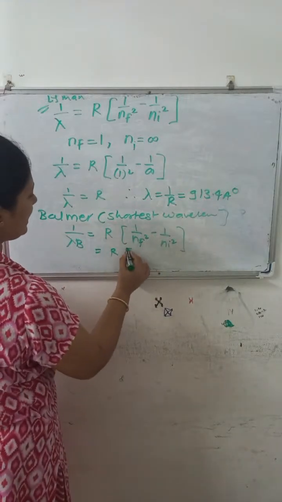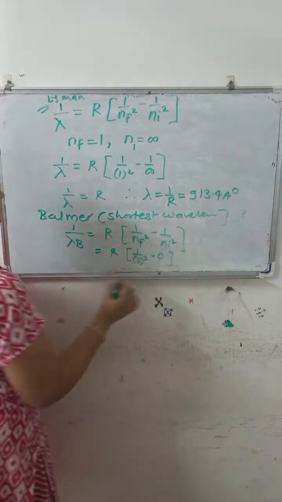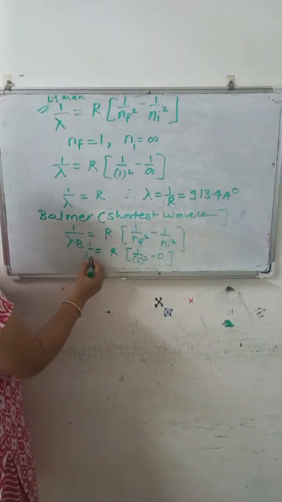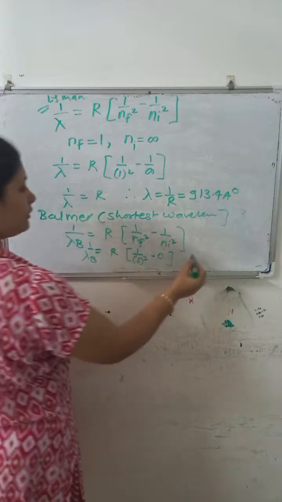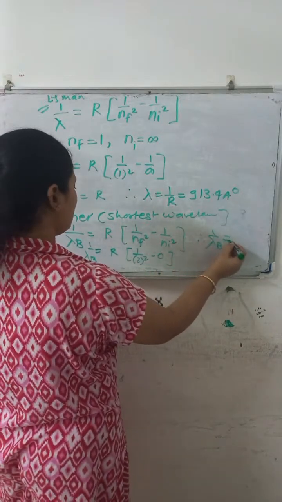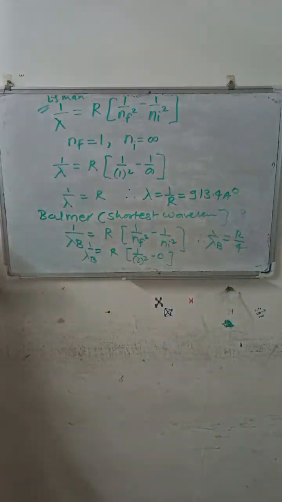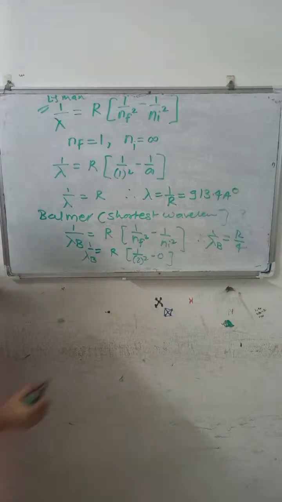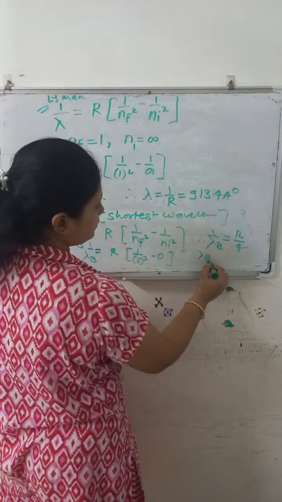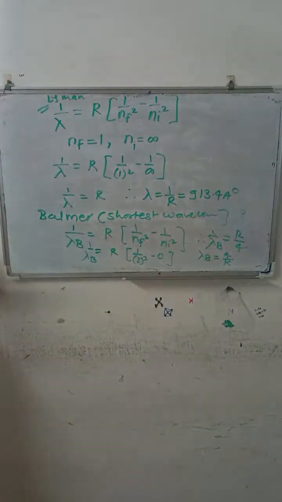So R times 1 upon 2 square minus 0, so 1 upon lambda b is nothing but R by 4. We are interested in lambda b, so we can write it as 4 by R. Are you getting this?